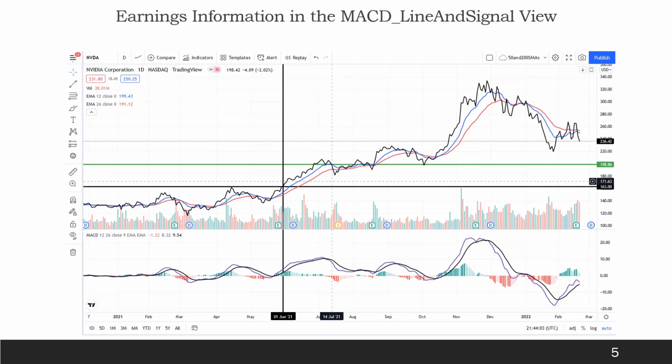And 4, the pay date, approximately 2 weeks later. So D indicates the ex-dividend date.